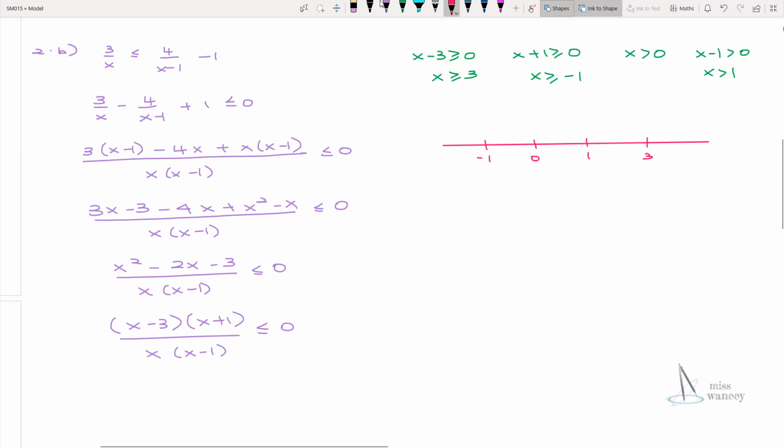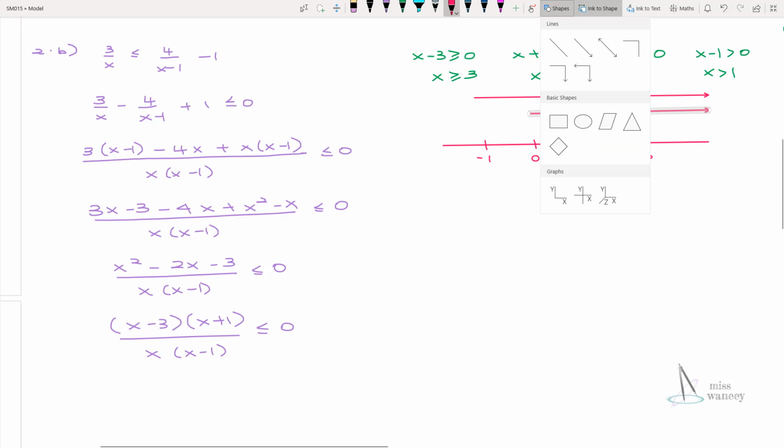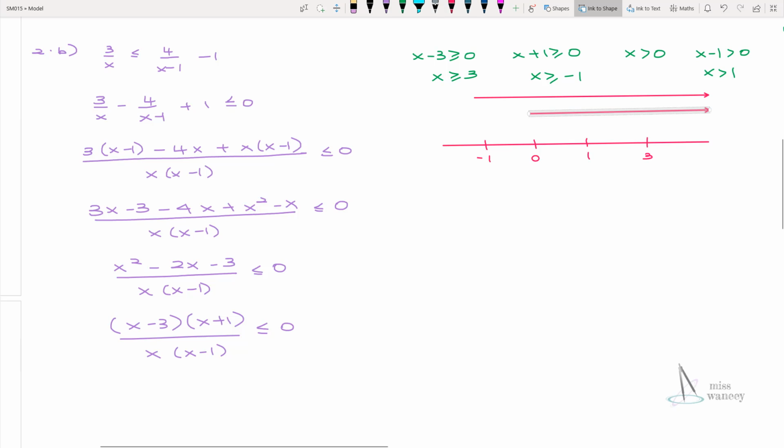So let me do the arrow going to the right hand side. So over here going to the right hand side. Okay, going to the right hand side as well. And then another one going to the right hand side.